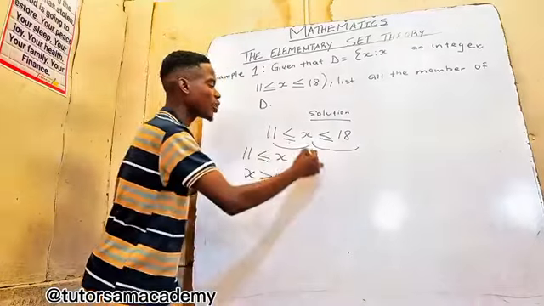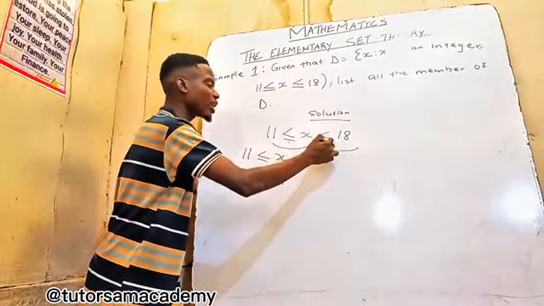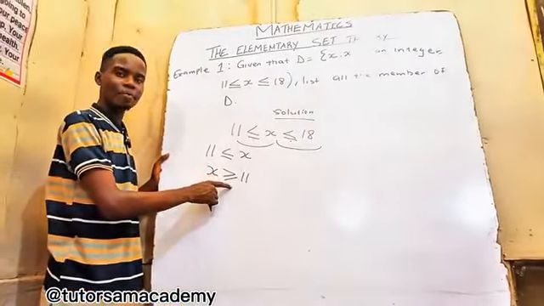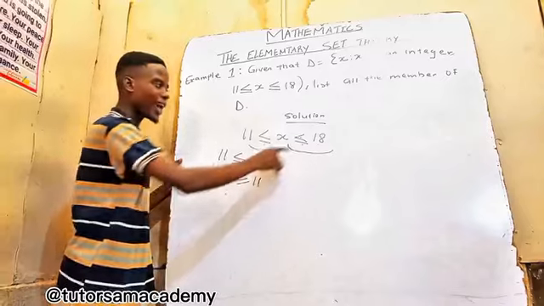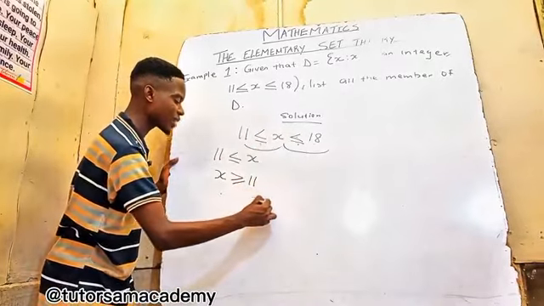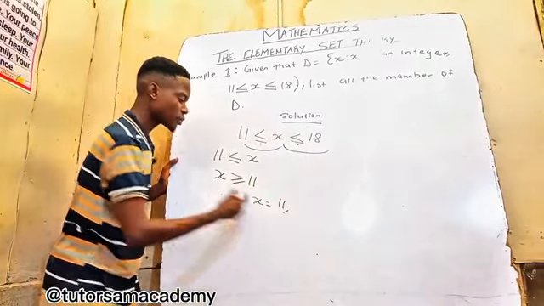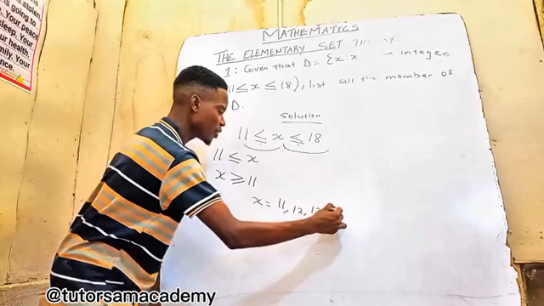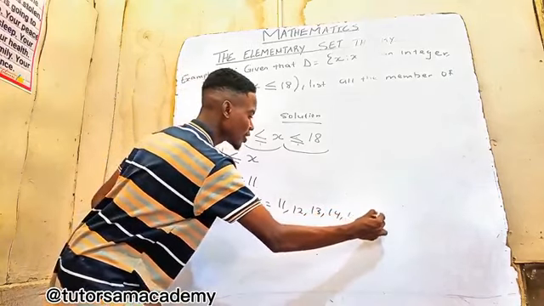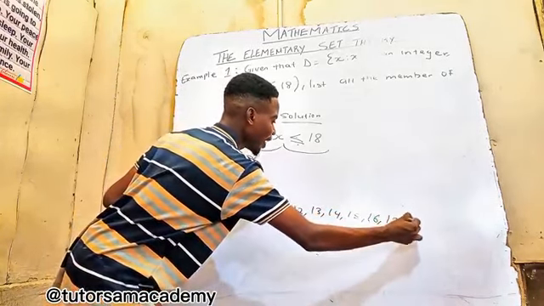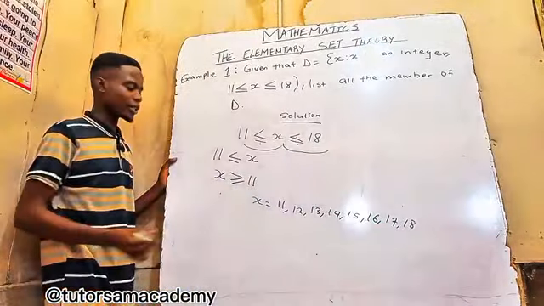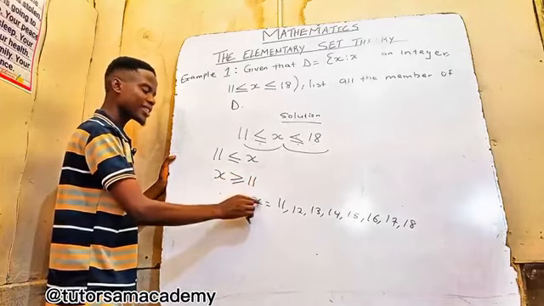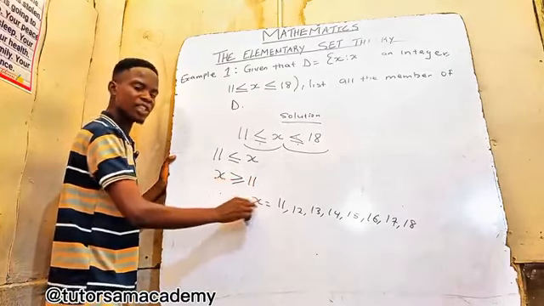The second part of the inequality says that X is also less or equal to 18. So X starts from where? 11, because equal to is here. Then 12, 13, 14, 15, 16, 17, and 18. Do we understand that? X is greater or equal to 11; this equal to means that 11 is inclusive.